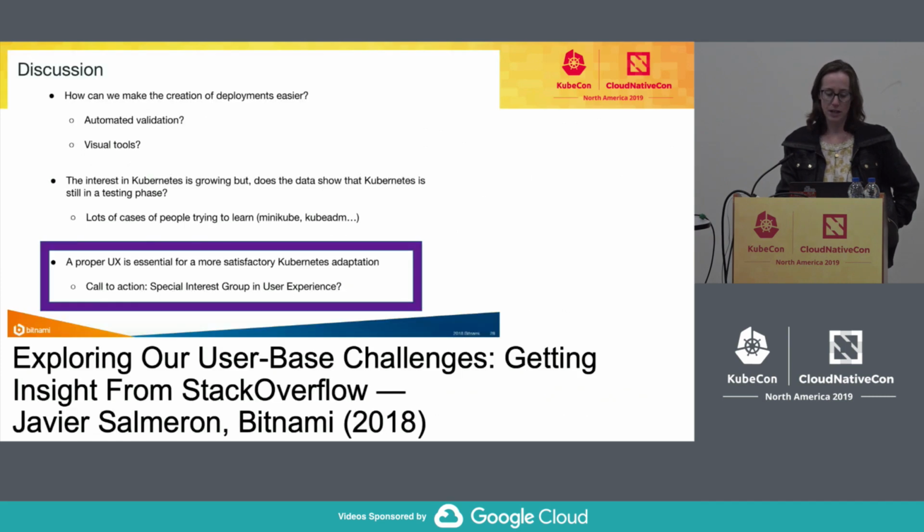So last year at KubeCon EU, Javier Salmeran from Bitnami did a really interesting overview where he went through Stack Overflow and looked at all of the questions being asked about Kubernetes and then bucketed them into different buckets. And then he and Bitnami could start to figure out what people were really struggling with and start to provide tools, services, and documentation to improve that.